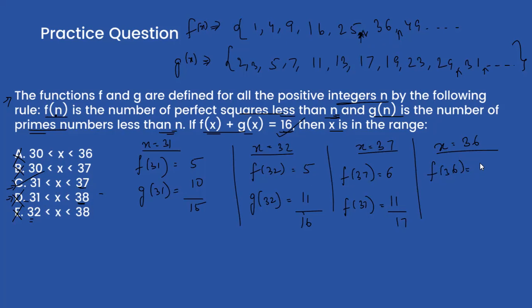There are 5 perfect squares, and g(36) will now have till 31, all the prime numbers till 31. There are 11 such prime numbers, and f(x) plus g(x) comes out to be 16. Hence, this verifies the given relationship between f(x) and g(x), with C again being the correct answer.